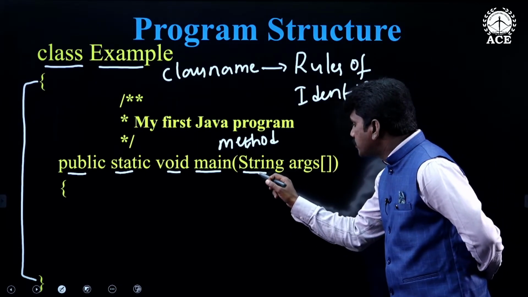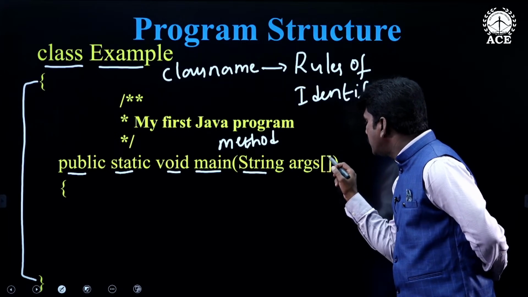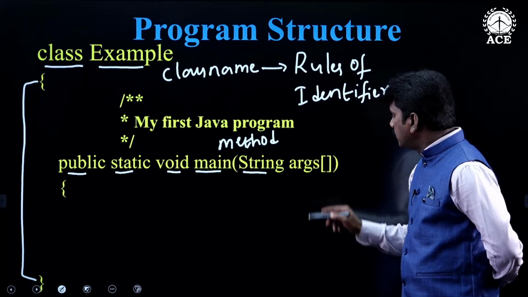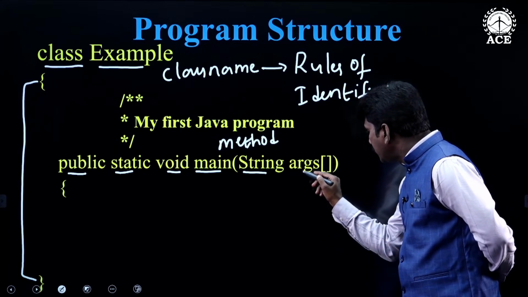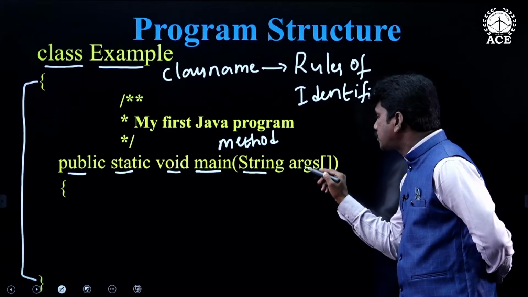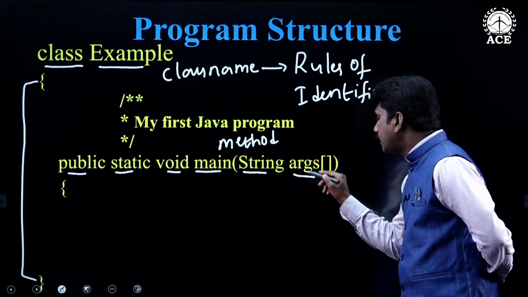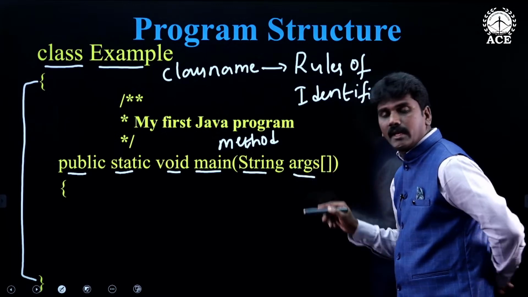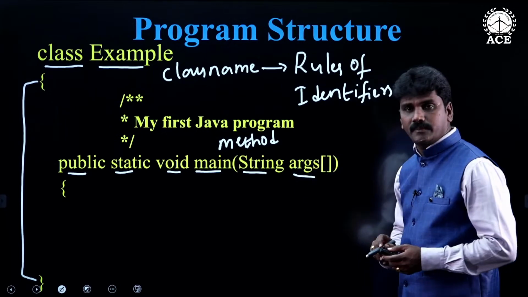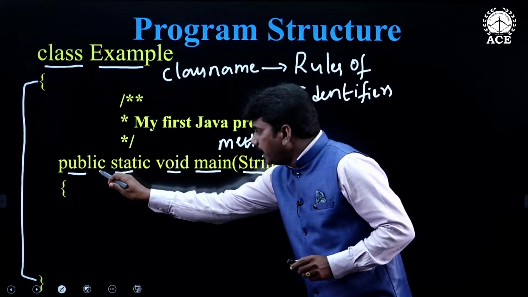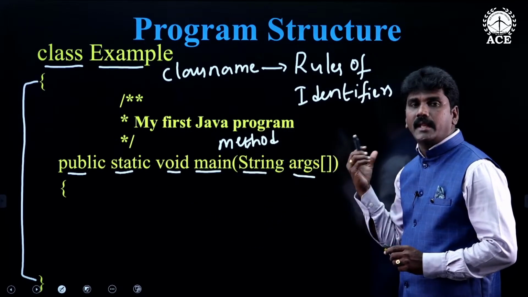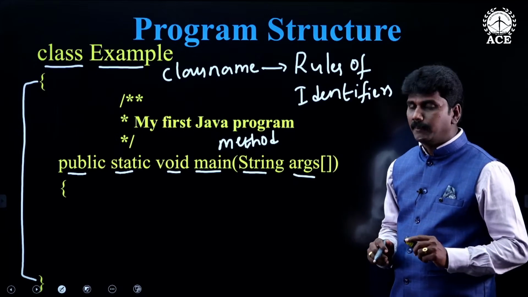String space args array. Here I have taken square brackets. These square brackets can be written after the name of this string array, like args, or before args also. So public static void main String args array, like that we can write the main method.